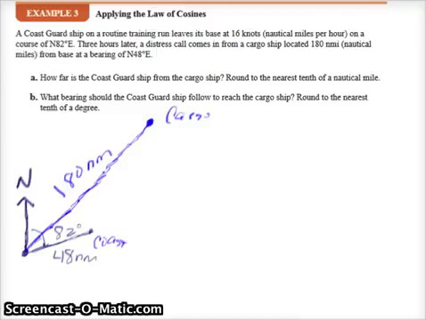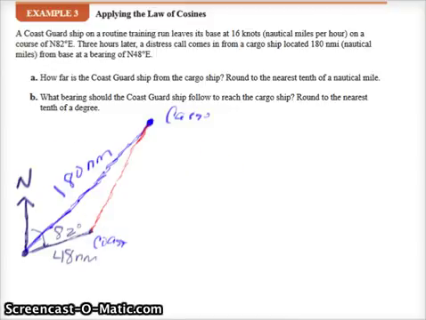Now, question A, how far is the Coast Guard ship from the cargo ship? So how far are they from each other? That's a good question. So it's asking how far between these 2 points.